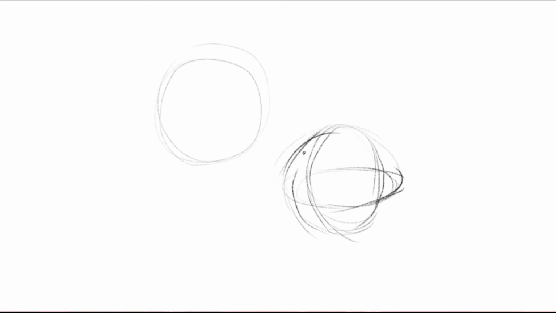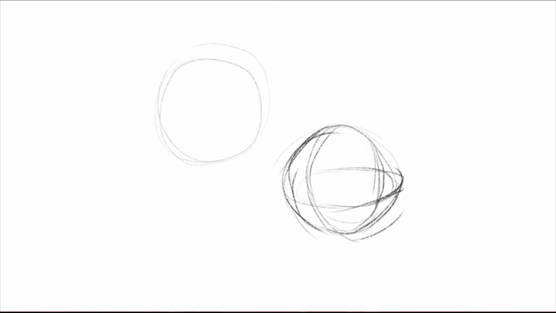I want you to imagine taking a circle, and we're going to turn it on its side a little bit, just like so. And then we're going to do another one, and they're going to intersect like this. And then we're going to connect those sides. Going to fill in all that space.